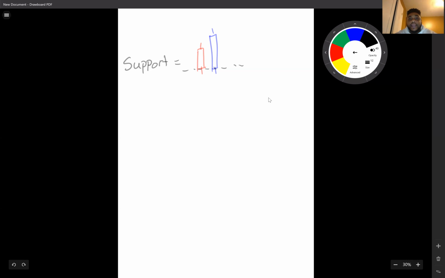So market has found support. Support is nothing but a bearish, bullish candle formation.